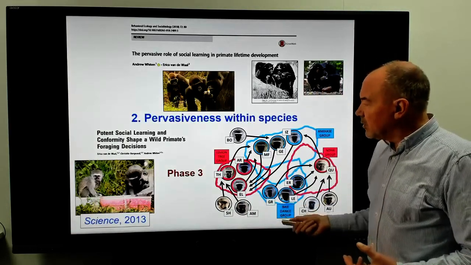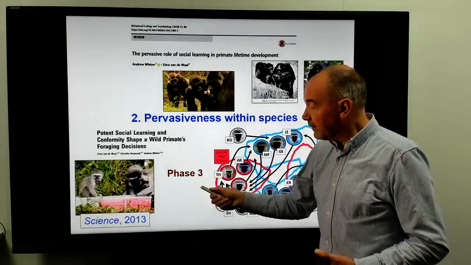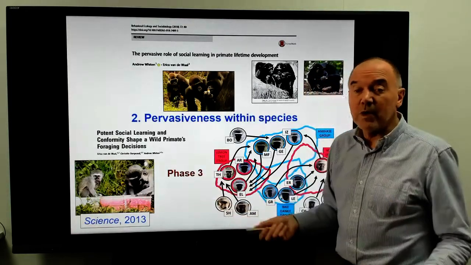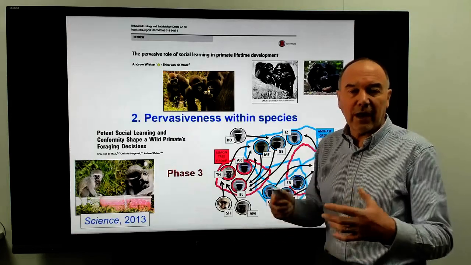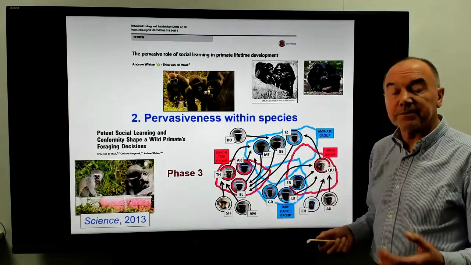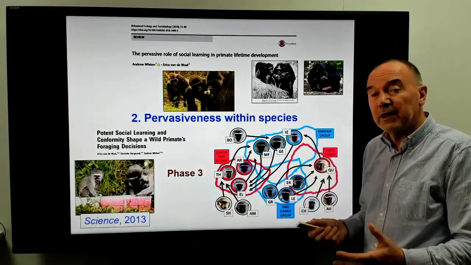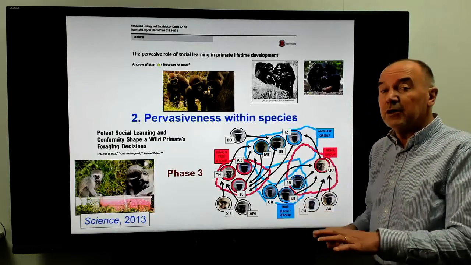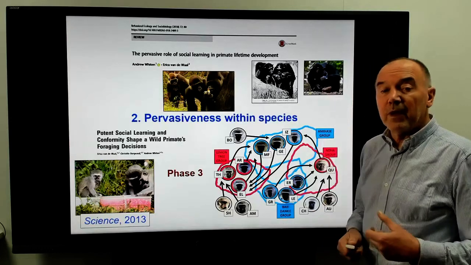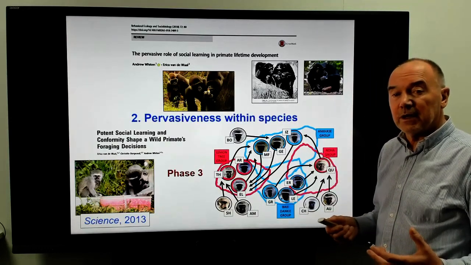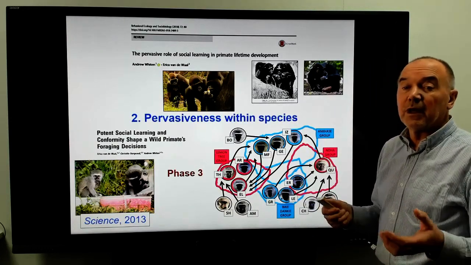So what this underlines is that in phase 3, when animals disperse, they're moving into a different habitat sometimes. There may be new foods to learn about, new foods they should avoid. And they've also got to learn about social relations as well.